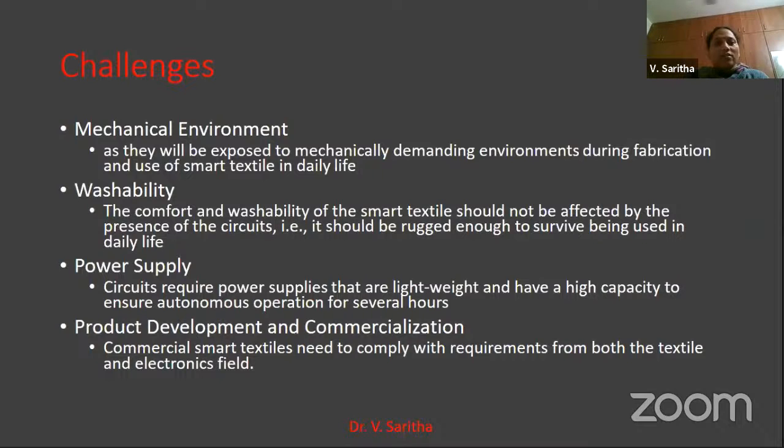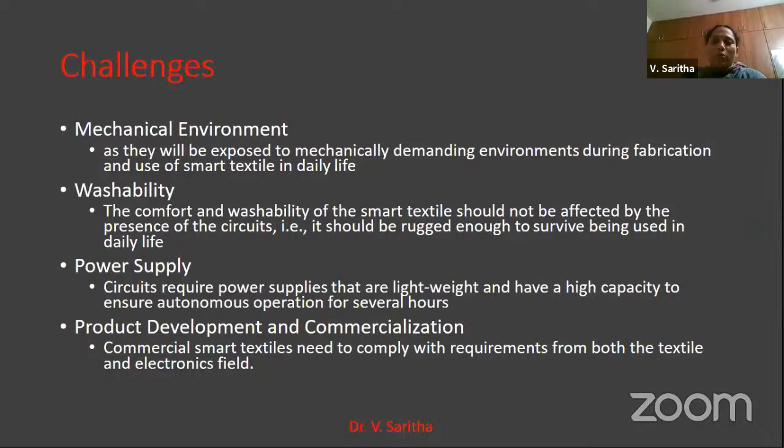The challenges are mechanical environment, washability, power supply, product development, and commercialization. We already spoke about these things. Mechanical environment: we are going to fabricate small mechanical devices into the textile, but we should still be able to make the fiber smooth and fine enough.